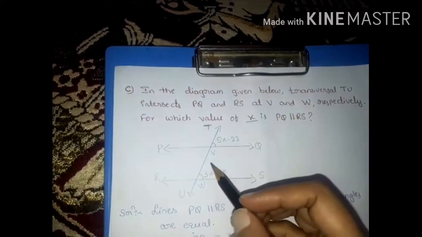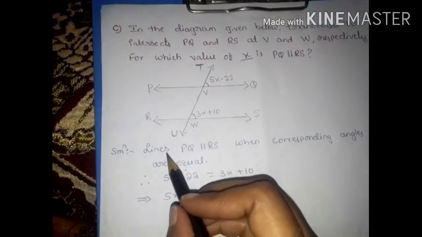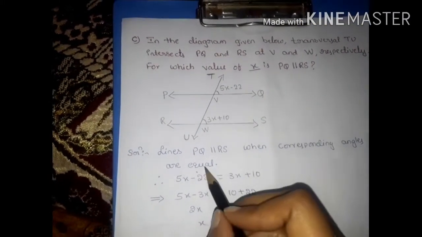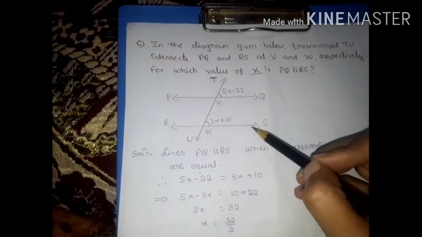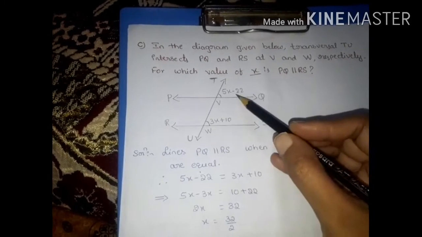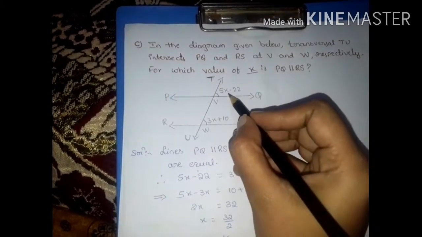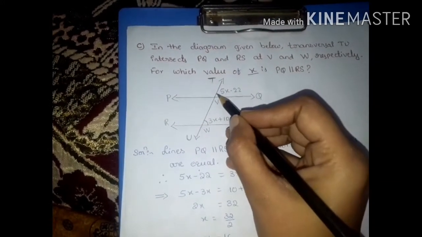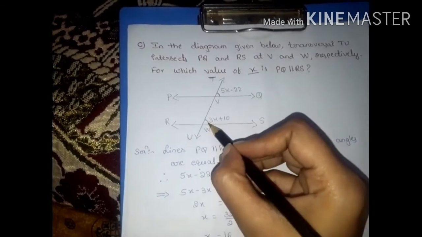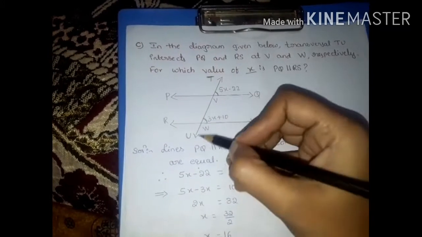Now, lines PQ and RS are parallel when corresponding angles are equal. Here 5x minus 22, this is one angle, and 3x plus 10, this is another angle on the same side of the transversal.